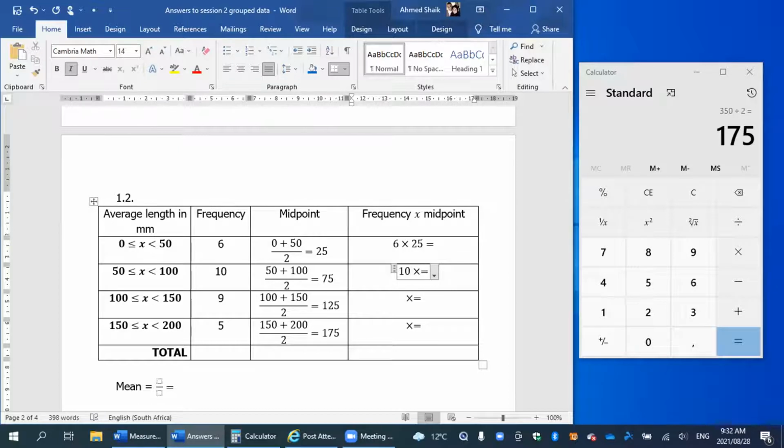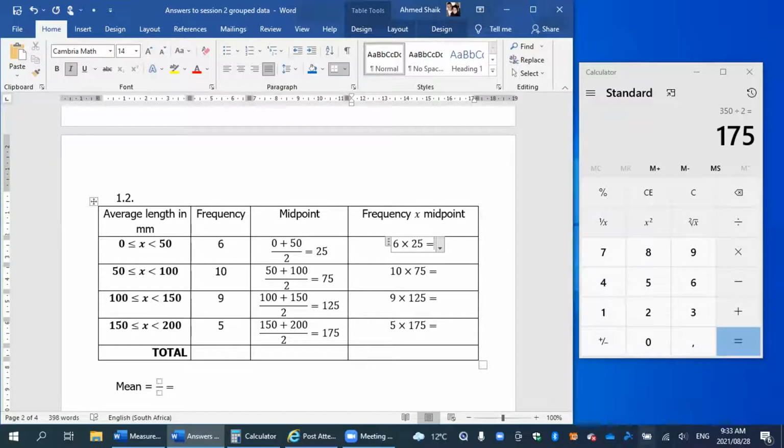Our midpoint calculation was 75. Our third interval, the frequency was 9, and our midpoint calculation was 125. Our fourth interval, we had a frequency of 5, and we have a midpoint calculation of 175.